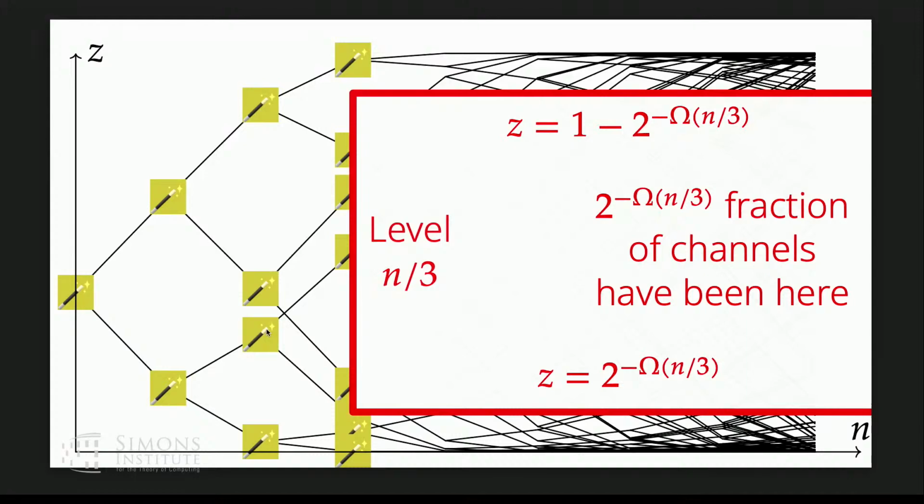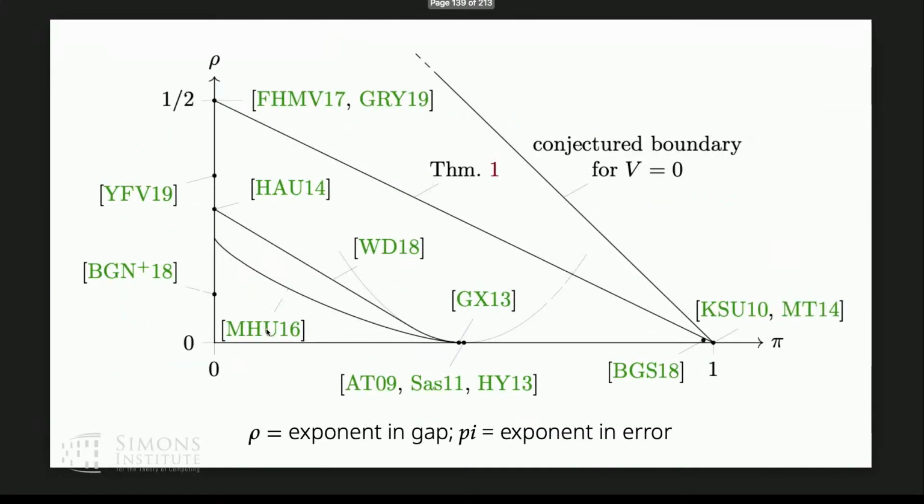Do you want better error? Then I'll push the red line toward this way. Or you want a better scaling exponent, and then I'll push the red line toward this place. So there is an optimal place that you can place the red line, and by doing that, you can achieve every point on this curve below.